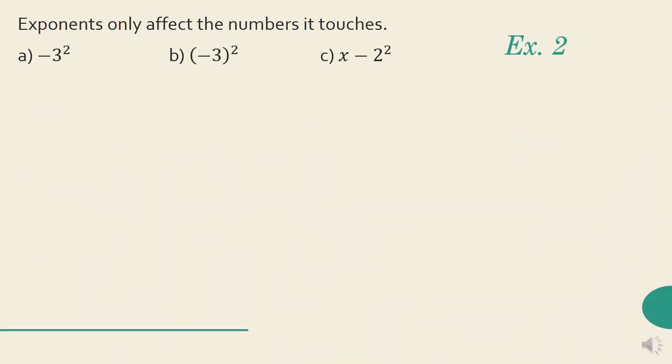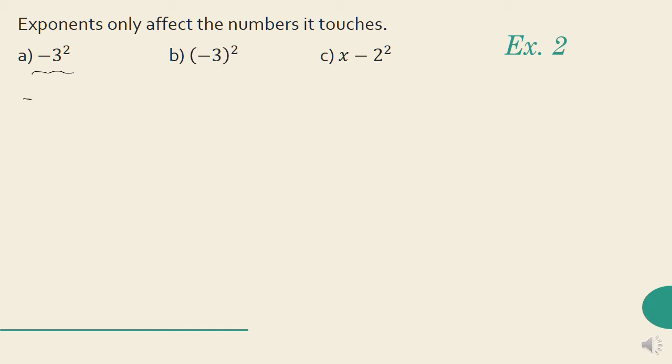The next thing, exponents only affect the numbers they touch. And this goes back to when I was helping you all with your calculators, back when we were face to face, why I was always encouraging you to enter brackets around things. And that has to do with different calculators and how they function. So on some of your calculators, if you were to enter it like A, you would get -9.